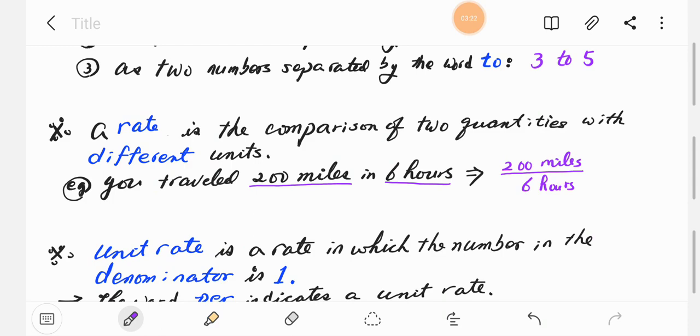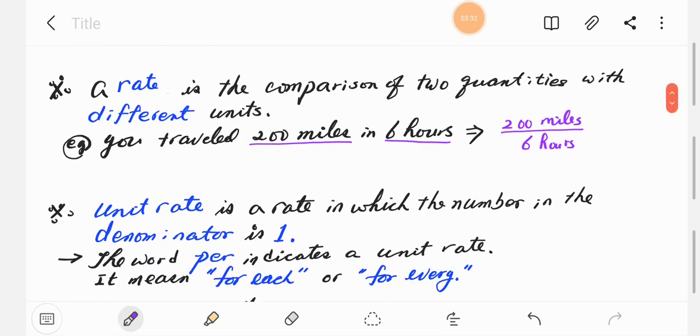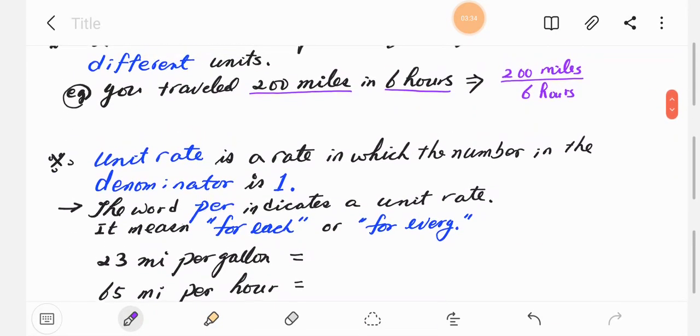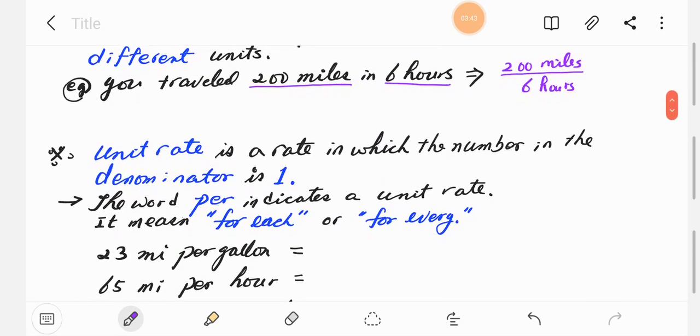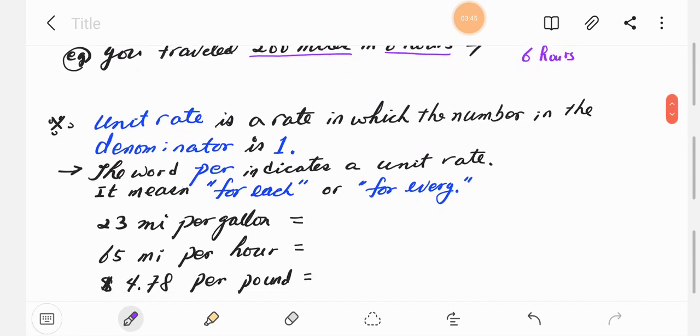Then what if we divide 200 by 6? If we divide the numbers, then we call it a unit rate. A unit rate is a rate in which the number in the denominator is 1. So always make the denominator 1.